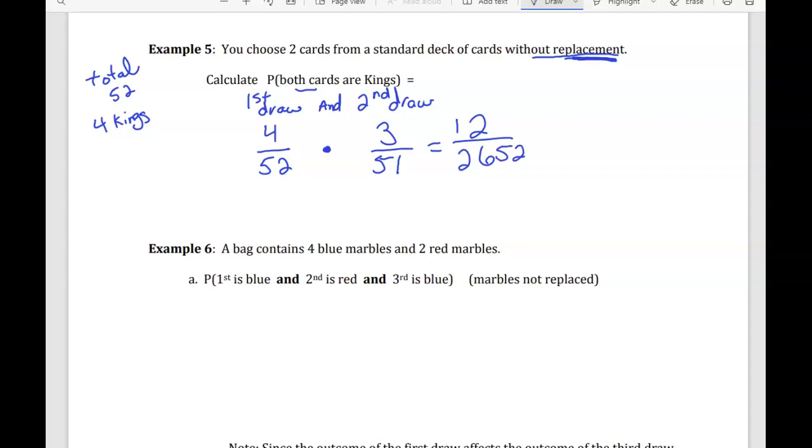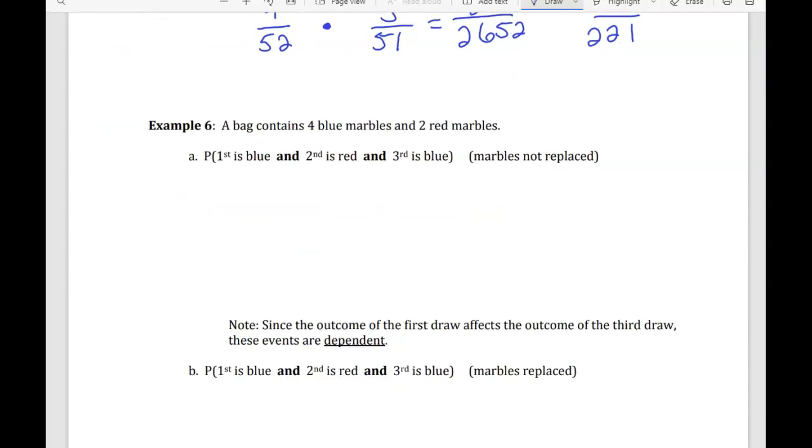And if I simplify that, I would end up with a fraction of 1 over 221. And that again is without replacement. If I did replace, then it would be 4 over 52 times 4 over 52. So we have to pay attention to whether they are replaced or not replaced.